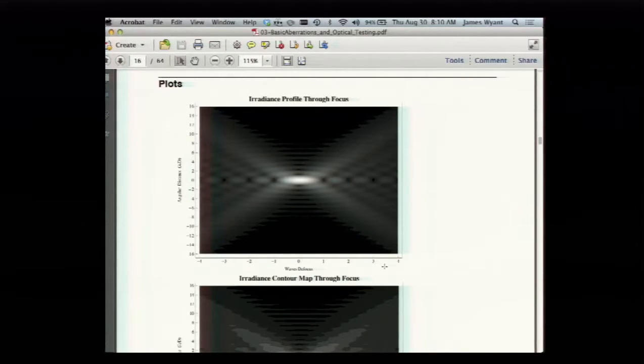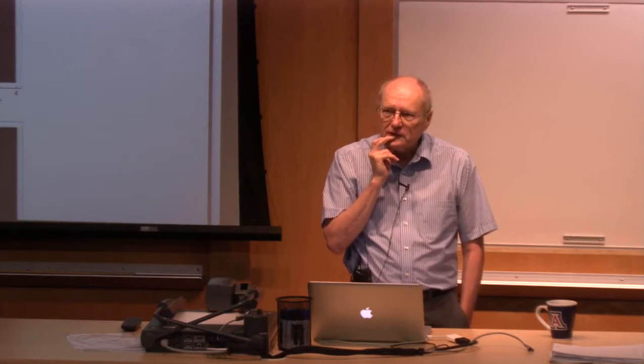So if I have one wave of defocus, how many Fresnel zones do I have? Two Fresnel zones. And as I go across each Fresnel zone, the OPD varies by half a wave.